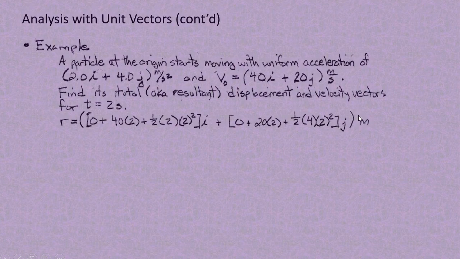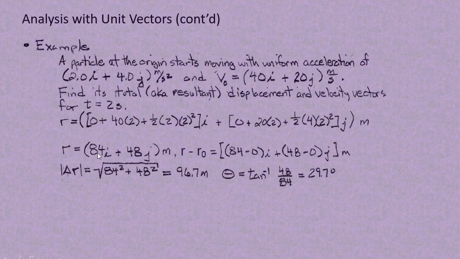And the m here is just to indicate that the units are in meters. So if we go ahead and do the math here, this expression turns out to be 84, and this expression here in brackets turns out to be 48. So our position vector after 2 seconds is 84 i plus 48 j meters.